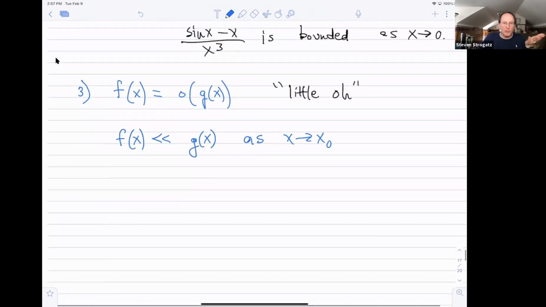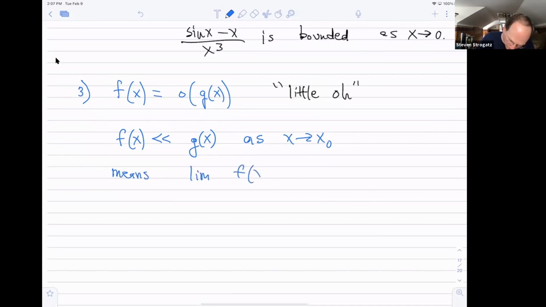So they're equivalent notations, little o or the much less than symbol. This means that the ratio of the two approaches 0. f of x over g of x is 0 as x goes to x0.